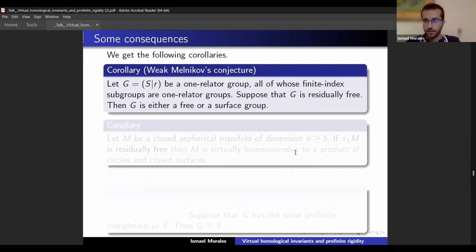The reason is we know by Lyndon's asphericity, for example, what the second homology of one-relator groups is, and it's always zero dimensional or one dimensional. So if the virtual second Betti number is infinite, by the previous theorem G is free or surface.